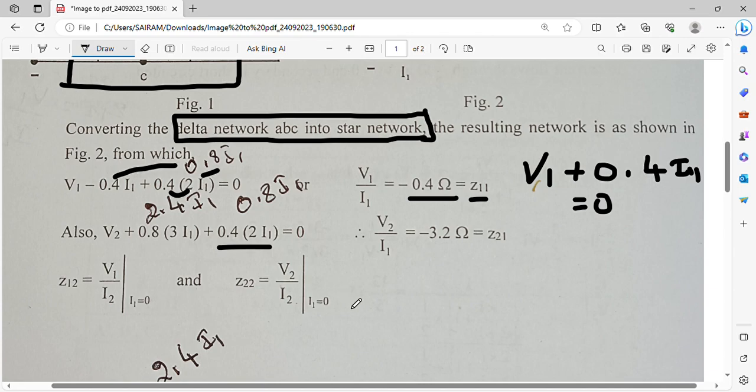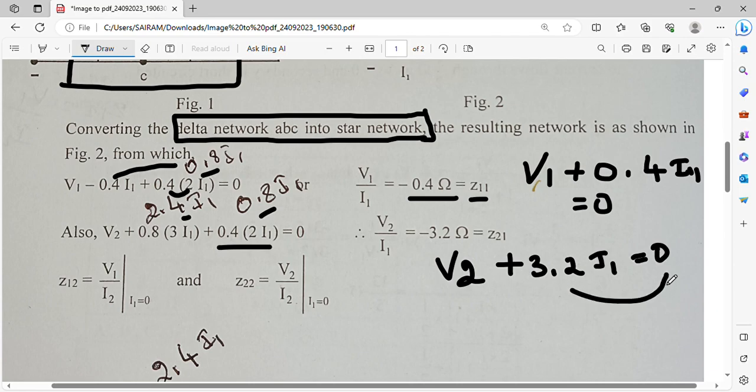This is one important thing. Now we simplify this. 0.8 into 3I1 is 2.4 I1, and 0.4 into 2I1 is 0.8 I1, so 2.4 plus 0.8 is 3.2, and you get V2 plus 3.2 I1 equal to 0.